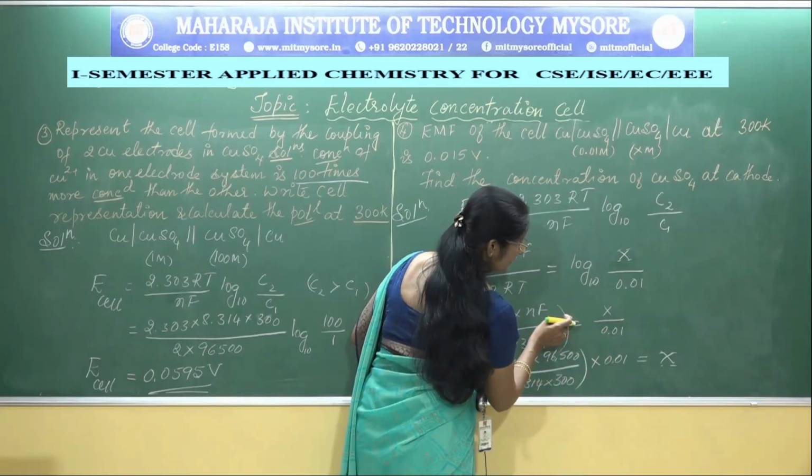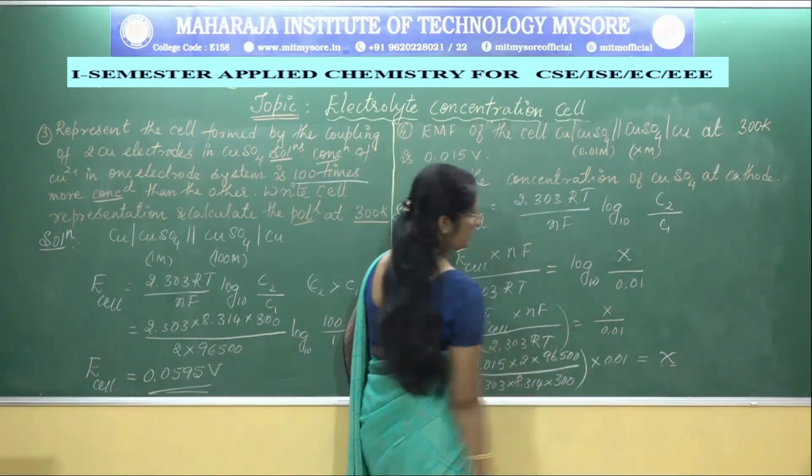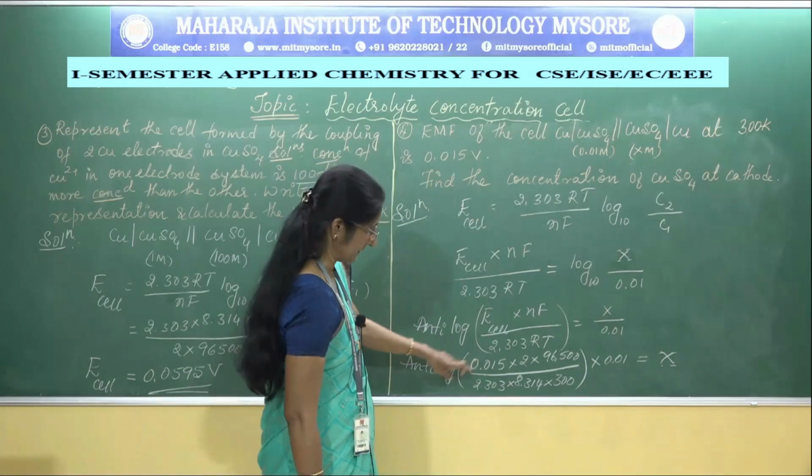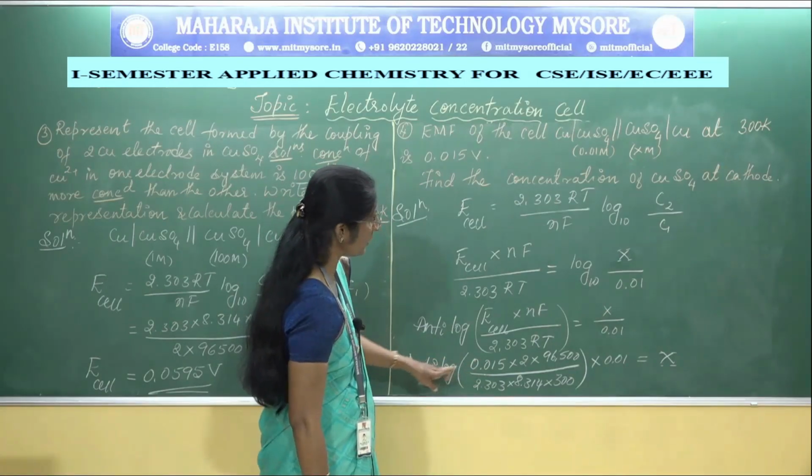I am taking the 0.01 here, so therefore it becomes into 0.01. Next, simplify this and find out the anti-log for this.